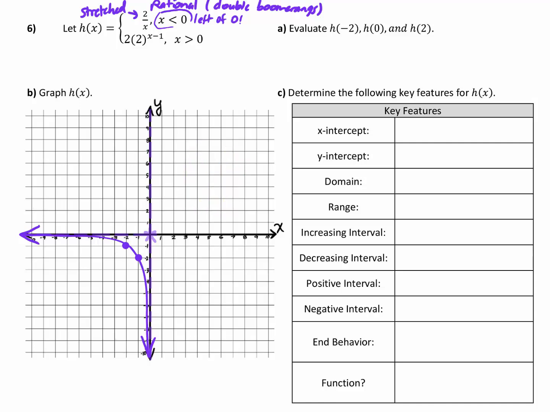So the second equation is down here. You have to recognize that this is an exponential shape. Exponentials also have asymptotes. So maybe I should really change colors for this, and that way we can tell our asymptotes apart.